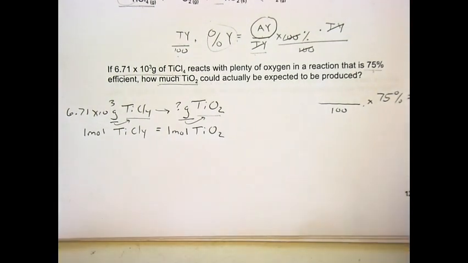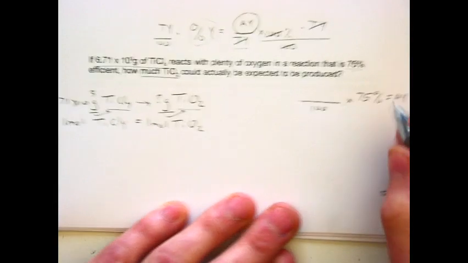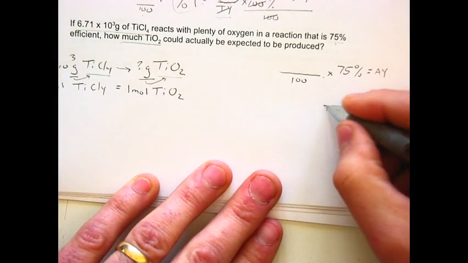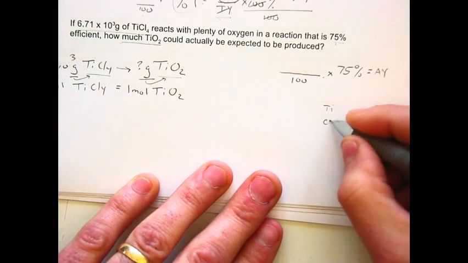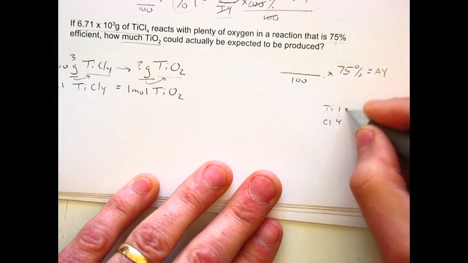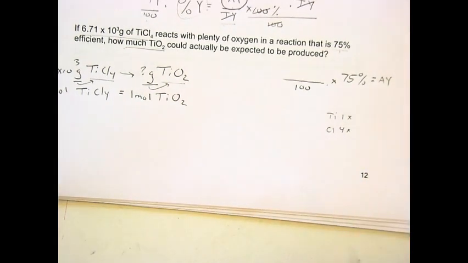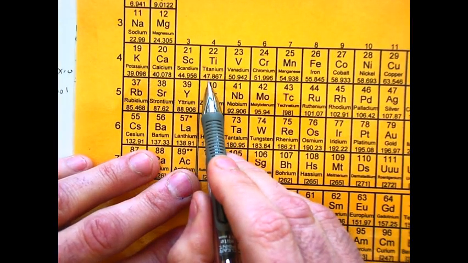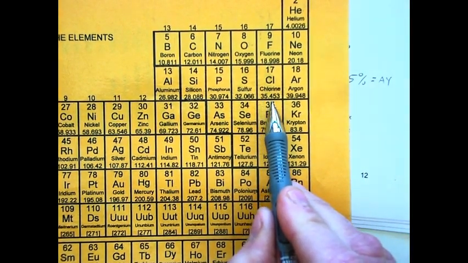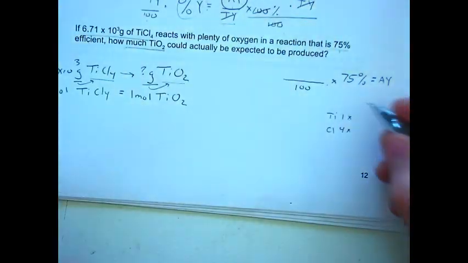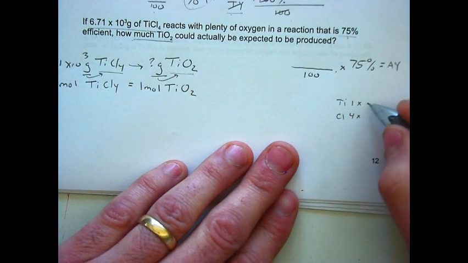So off to the side here, I'm going to say, all right, we have titanium and chlorine, 1 and 4. Titanium's molar mass is 47.87. Chlorine's is 35.45.